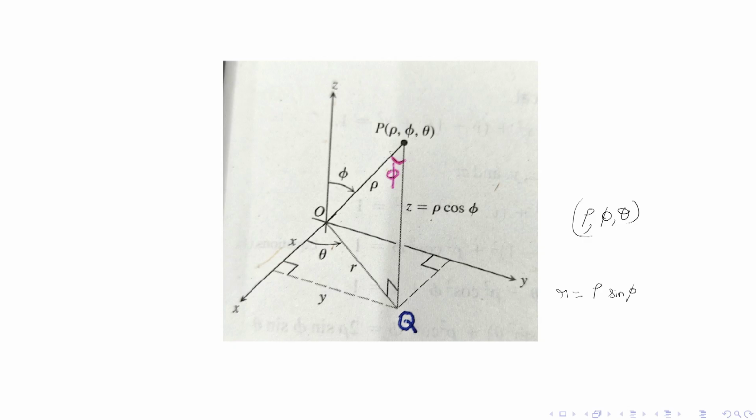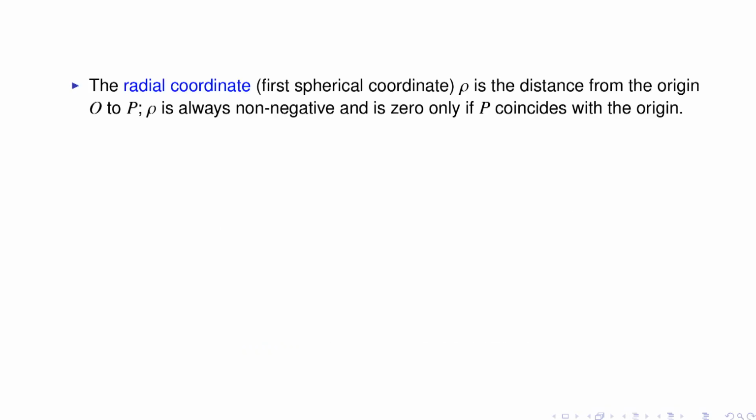Now, we will elaborate these three spherical coordinates. The radial coordinate is the first spherical coordinate, which is rho, the distance from the origin to the point P. Rho is always non-negative and is 0 only if P coincides with the origin.